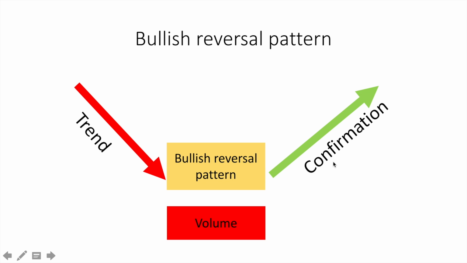Some aggressive traders do not wait for confirmation candle, so they start to open position having pattern and volume only. But I am more conservative here. When all prerequisites match, so we have trend, we have pattern, and we have confirmation, whatever you like, there is high probability of a trend reversal or at least sideways.